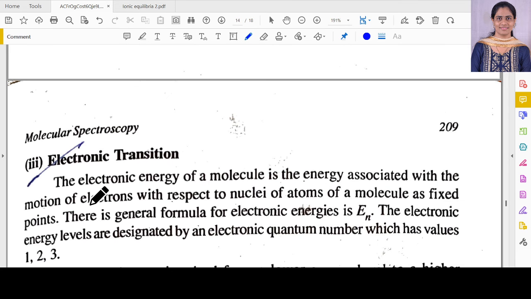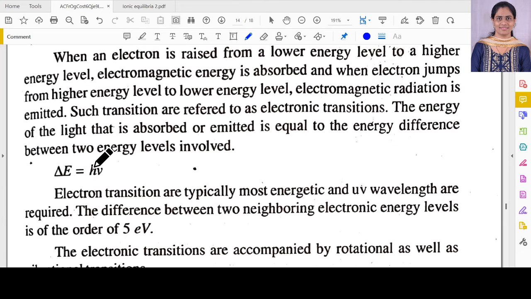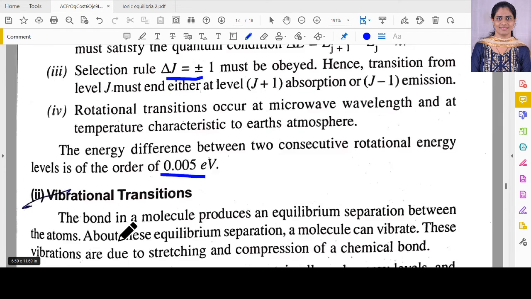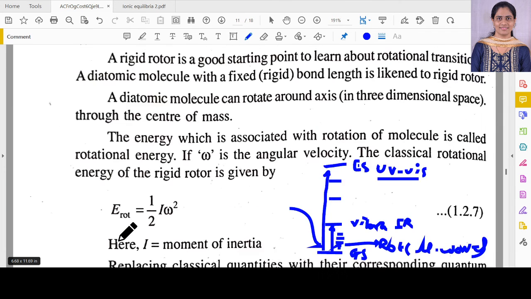Then for electronic transition, the selection rule is from ground state to excited state or excited state to ground state. They require a higher amount of energy, 5 electron volt. On this energy level diagram also you can remember where we have drawn: this energy gap is very small, 0.005 electron volt.